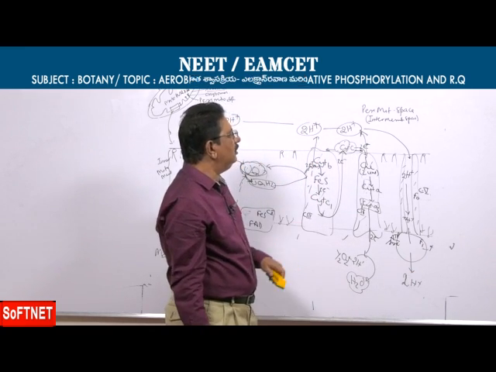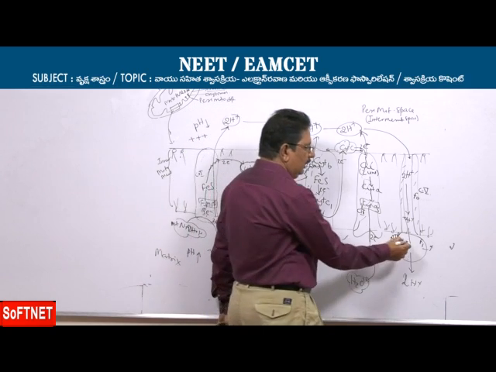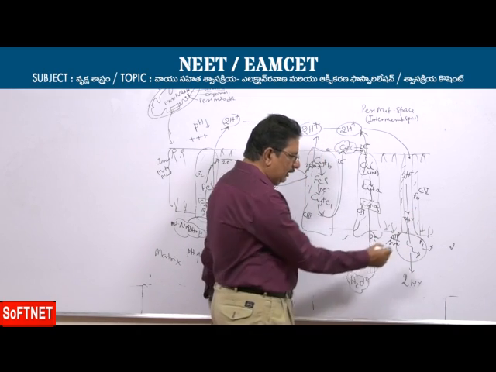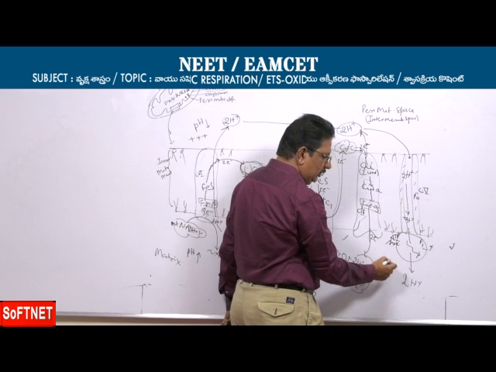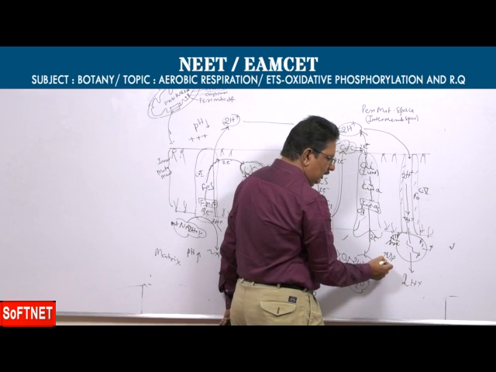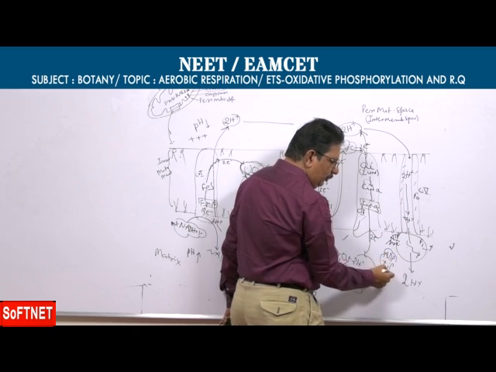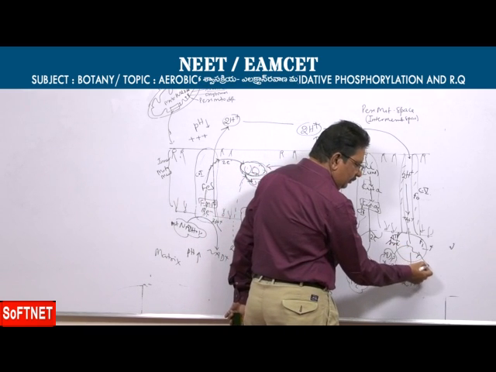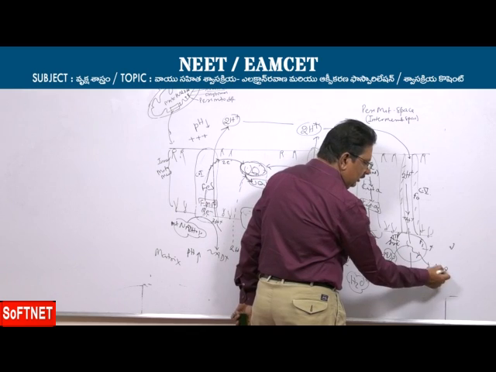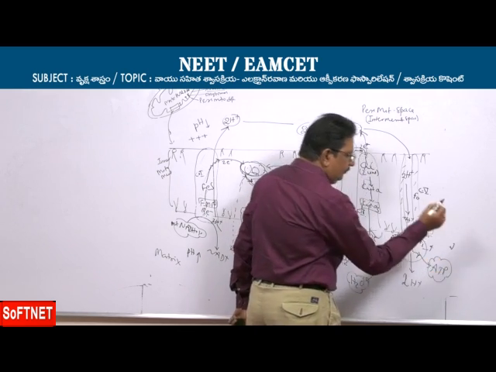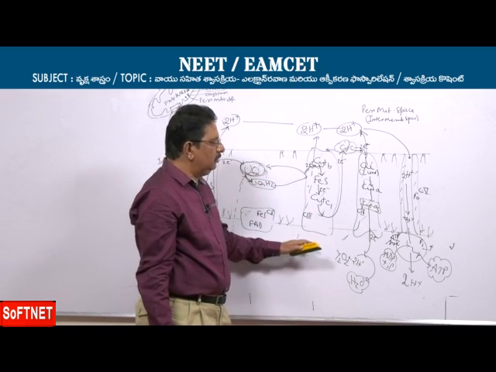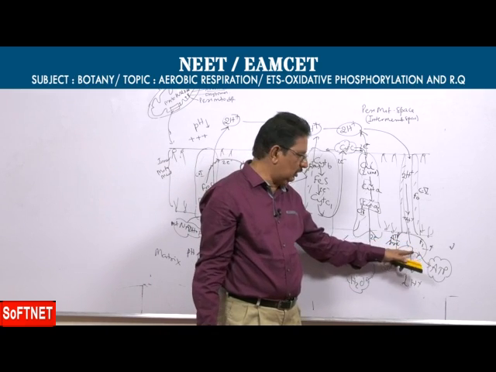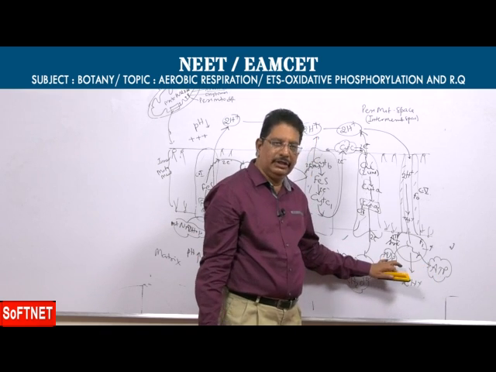And protons also carry some energy. That energy is released during their exit. So, the energy liberated during the proton transfer is utilized for the formation of a bond between ADP and Pi. So, there forms ATP. So, proton energy is utilized, not protons. So, proton energy is utilized for synthesis of ATP.